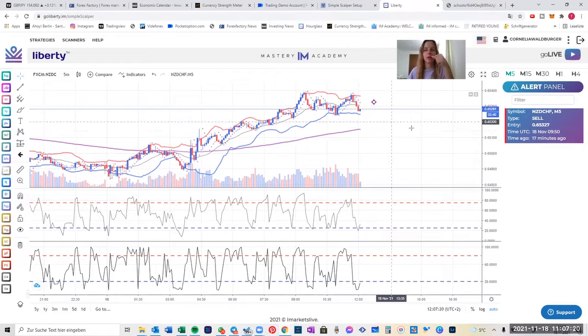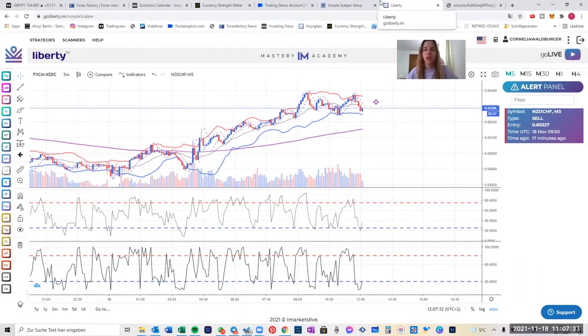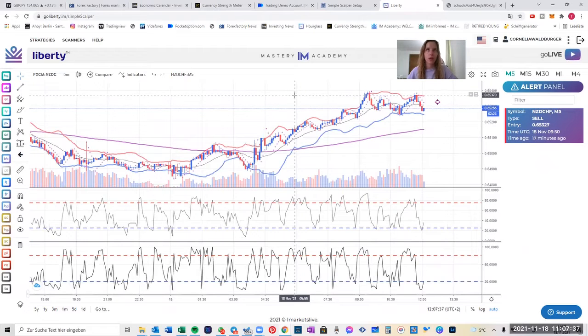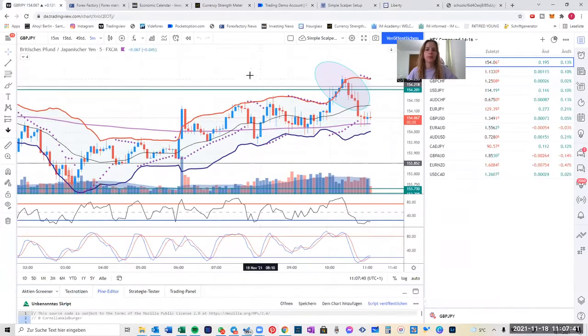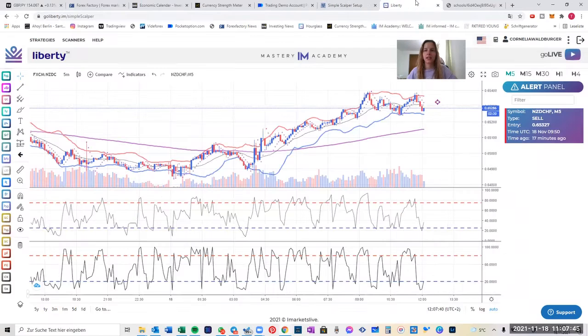But here's the problem: when a new signal is coming, your analysis is gone, and that's not so cool, I think. So you have this opportunity for free if you don't want to buy the cheapest TradingView plan. So you need this lesson, then you can log in to Liberty or a new TradingView account.